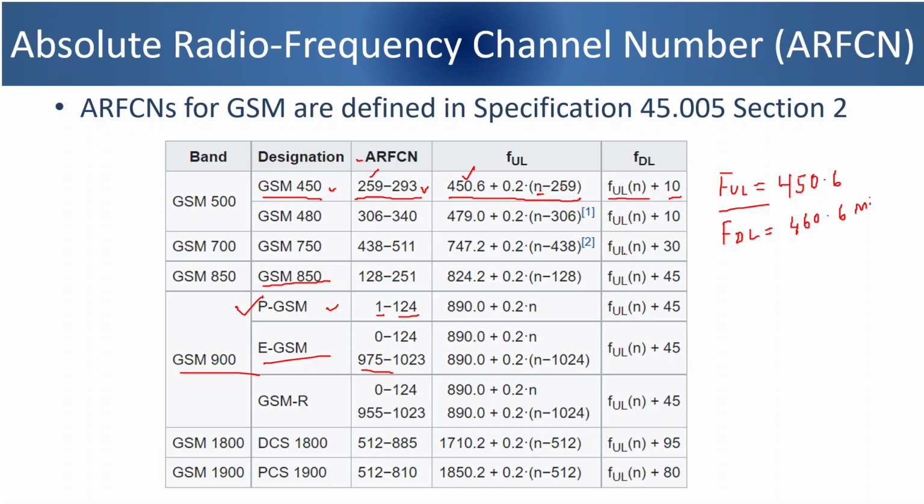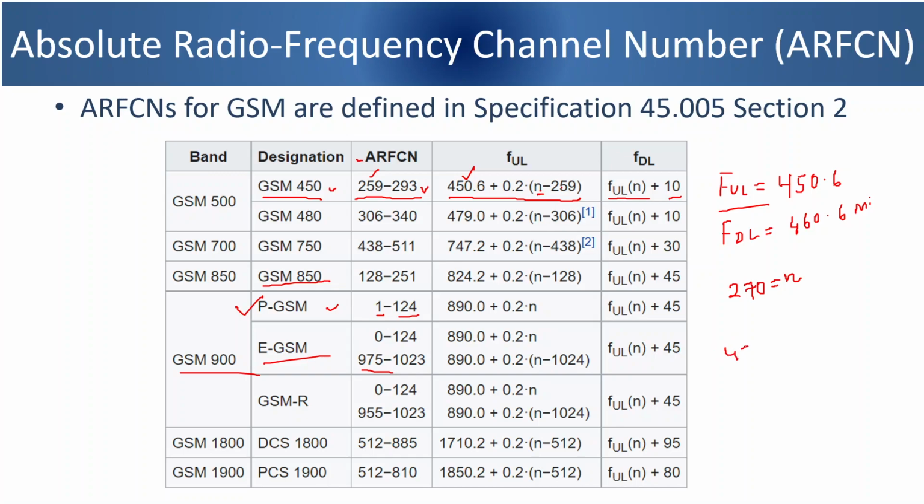Suppose again we take the example of GSM 450 and let us assume that the ARFCN is 270. ARFCN is 270, that is N. So can some of you calculate this? What does it become?